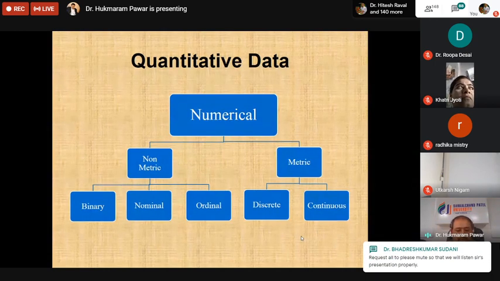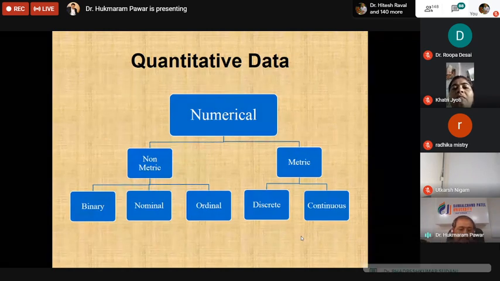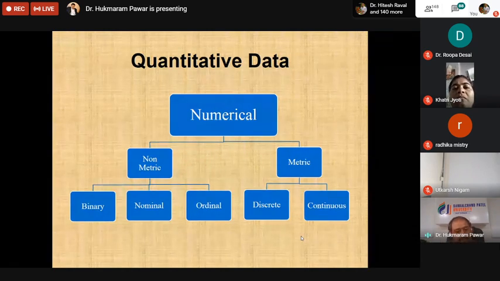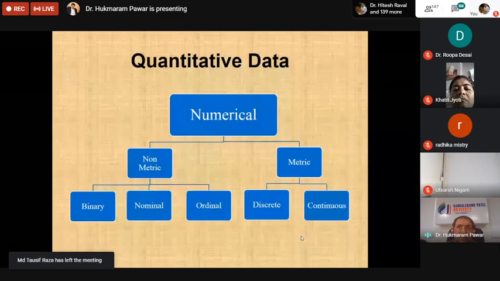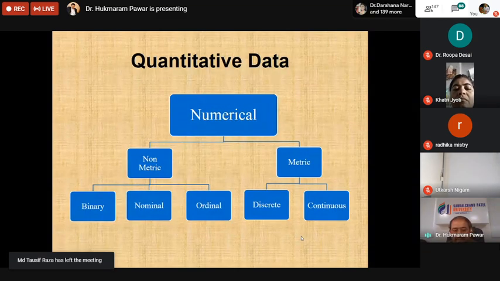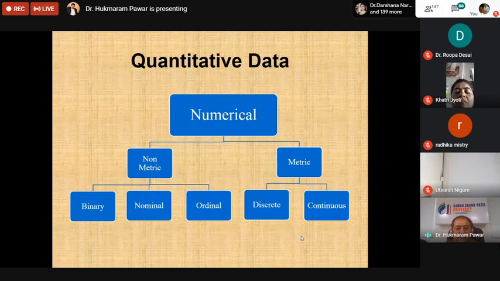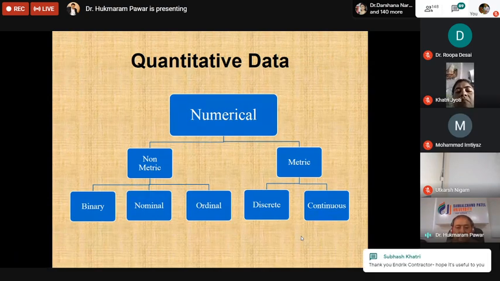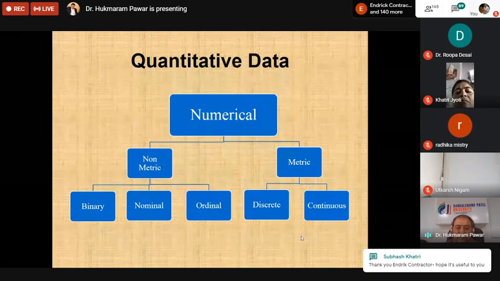We need to understand the characteristics of the information, and after that it is possible to apply statistical tools, techniques and tests. All are possible after understanding the types of data and scales of data.